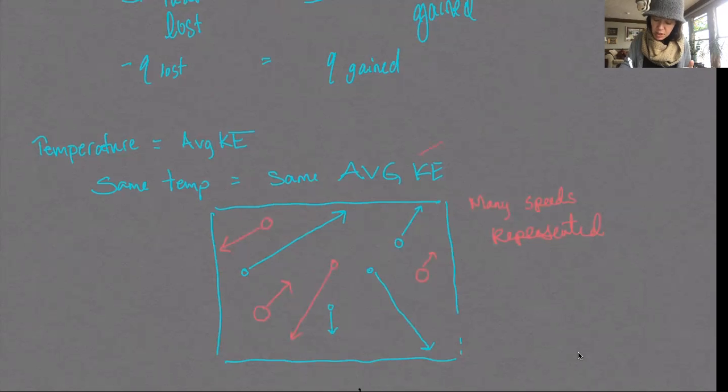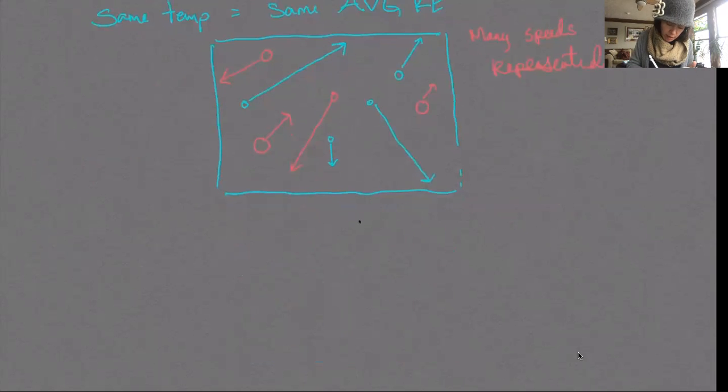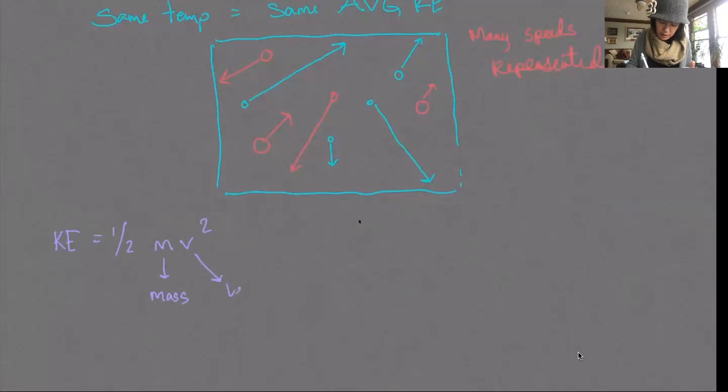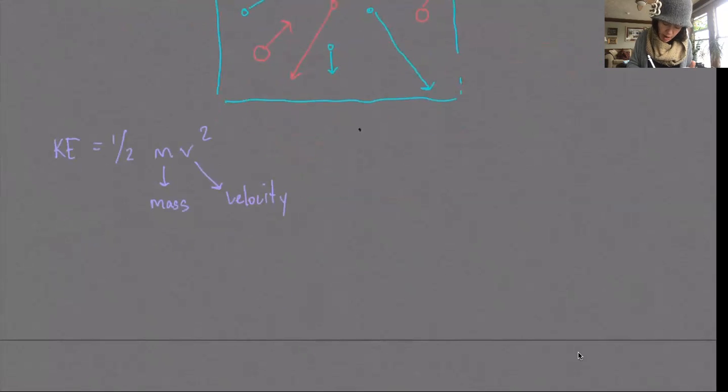Remember that average kinetic energy, let me write this over here. This is important. Remember that kinetic energy is equal to 1/2 mv squared. This is the mass, and this is the velocity. And we've discussed this. As mass goes up, the velocity goes down.